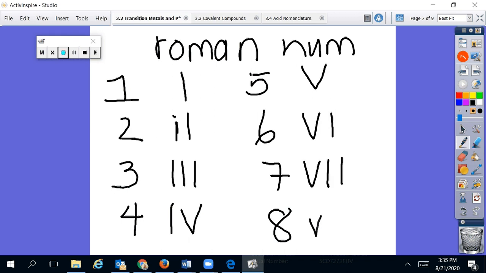And 8 would be a V and a 3. And if you want to continue, not that you will need it for valence electrons, but 9, let's skip. 10 is actually an X, and 9 is actually a 1 before the X.